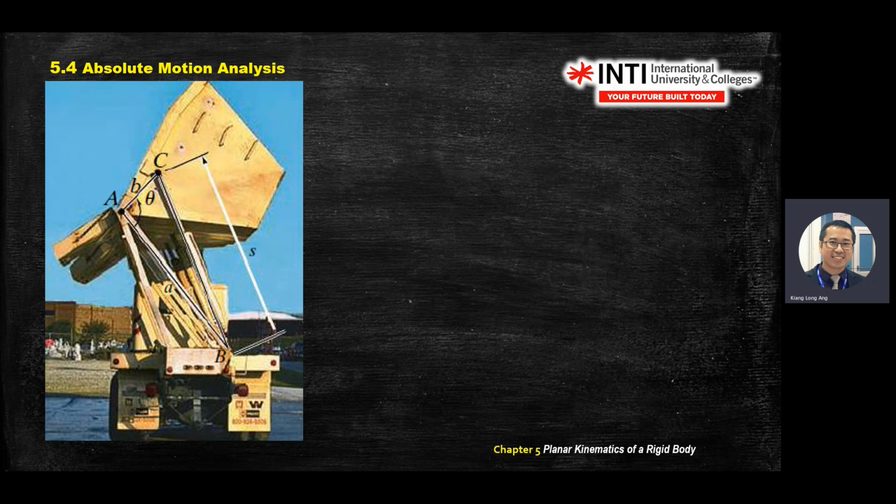This is a dump truck whose dump bin can be rotated, right? It's rarely seen in Malaysia, but if you go to Europe, this is quite common. So how does this dump bin move? Initially the dump bin will be here, and the link will be the AB link.